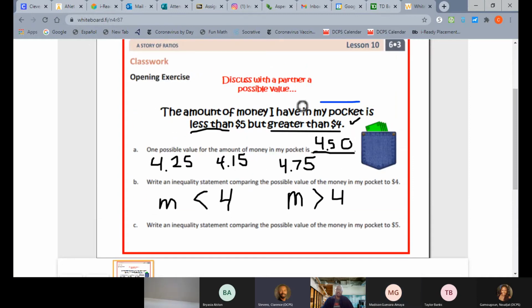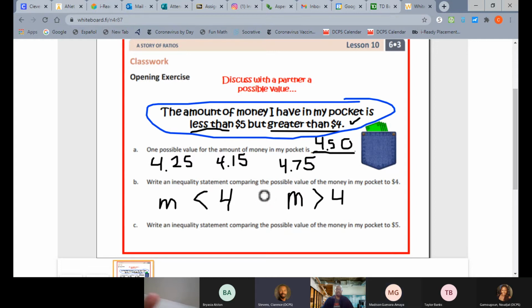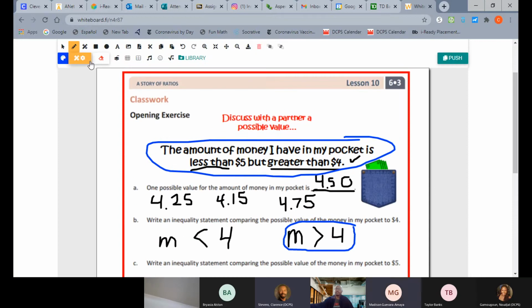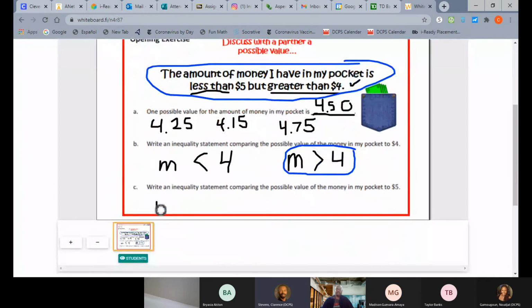According to the question, the money has to be greater than 4. Okay. So which of these inequalities shows the money is greater than 4? The right? Right, very good. This does show that the money is greater than 4. Very good. So now, Taylor, which of these inequalities shows that the money is less than 5? The one on the left or the one on the right? Well, everything that I said was true, so it doesn't matter.